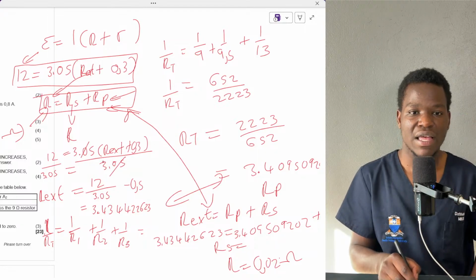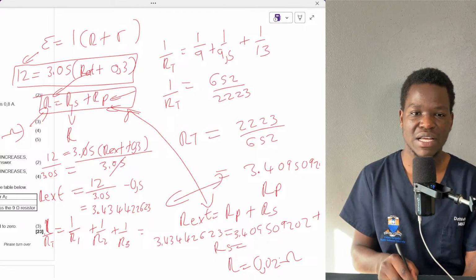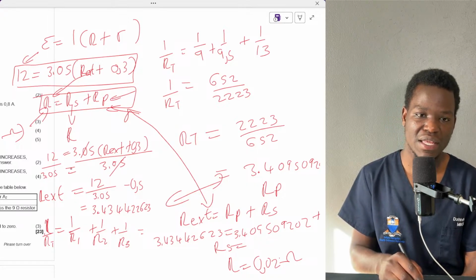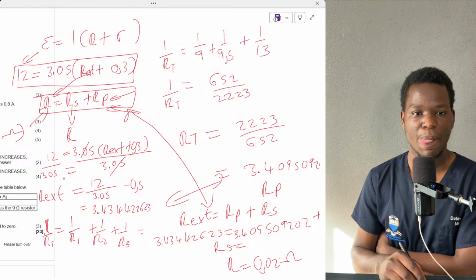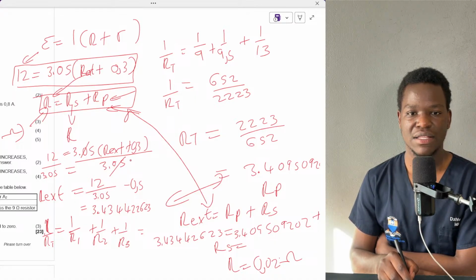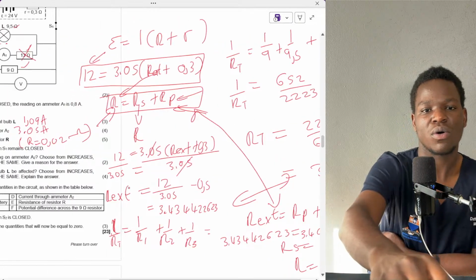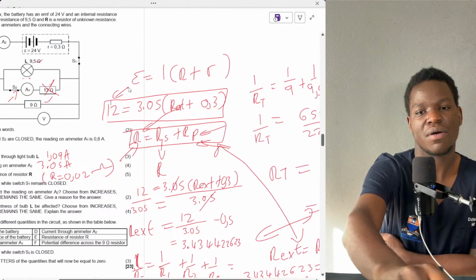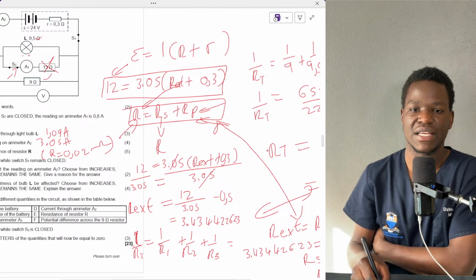And then we come and say what? R external plus the R there. And then it's going to be divided by this side, divided by this. And then this goes that side. Wait. Oh, I see where I made the mistake. You see now, this is where the danger lies.